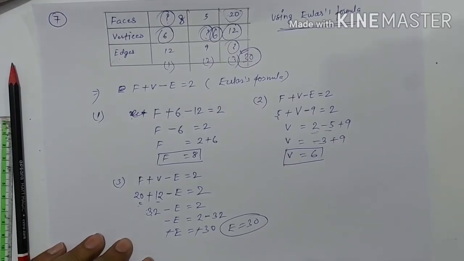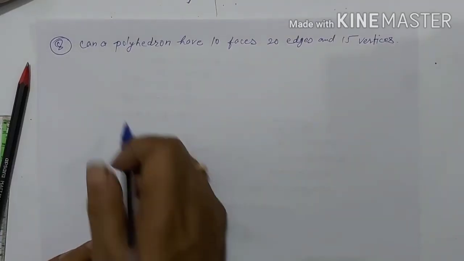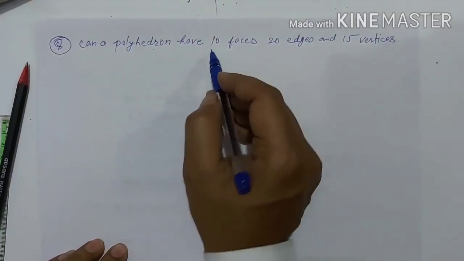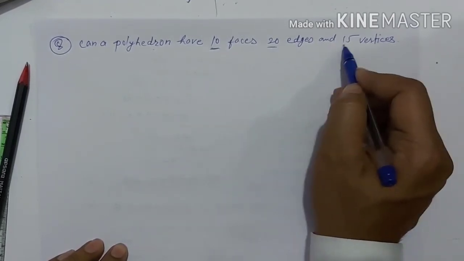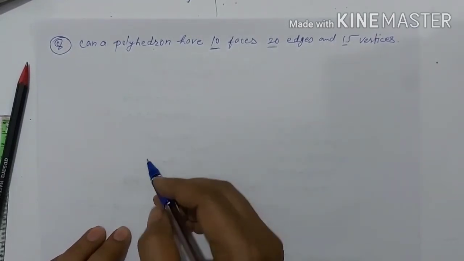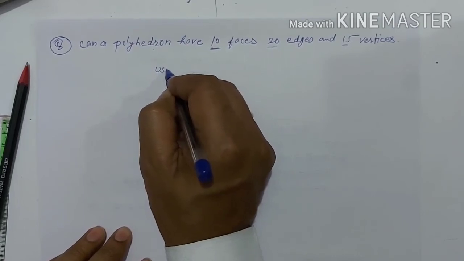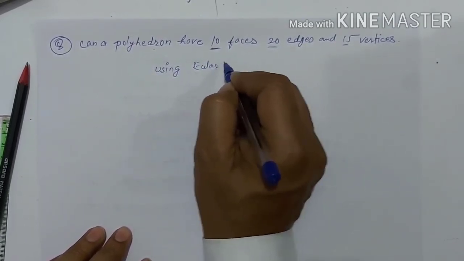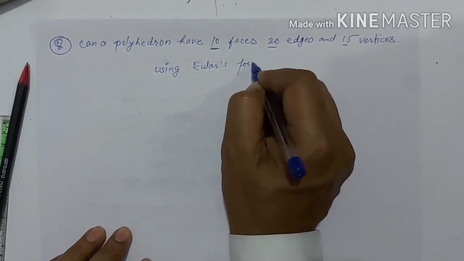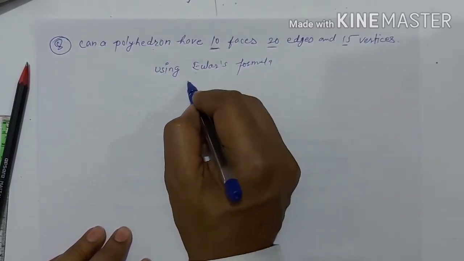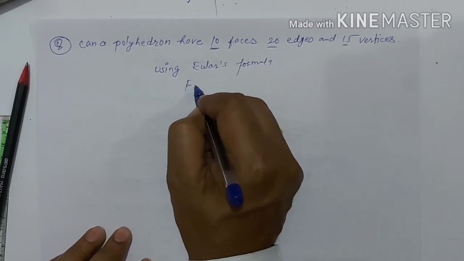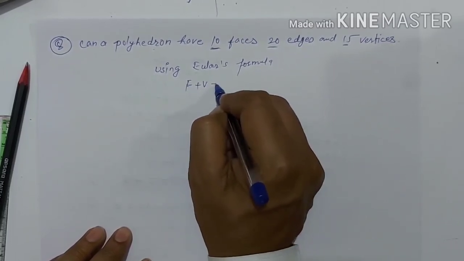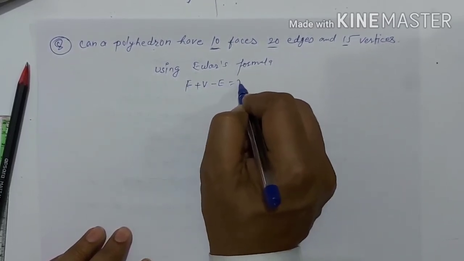Okay, question number 8: can a polyhedron have 10 faces, 20 edges and 15 vertices, using Euler formula? What is the Euler formula? The Euler formula is F plus V minus E is equal to 2.